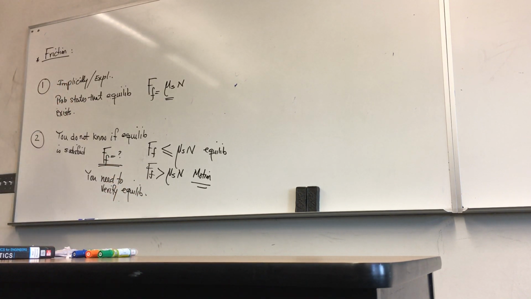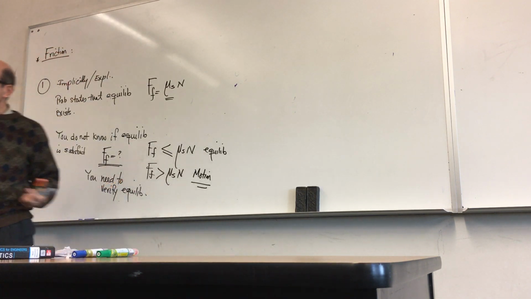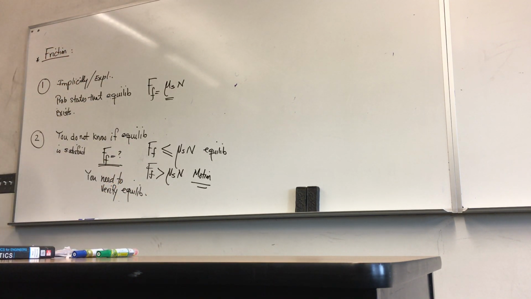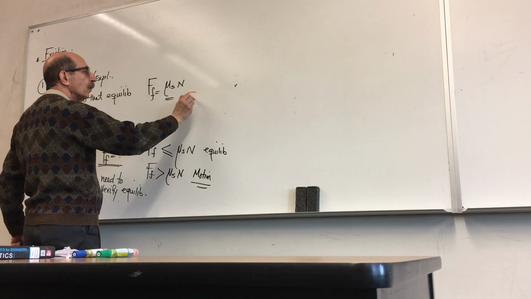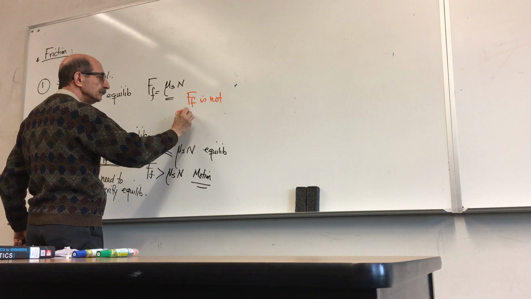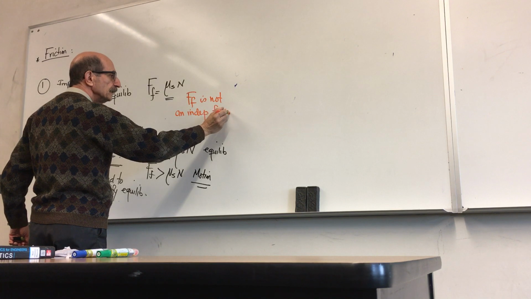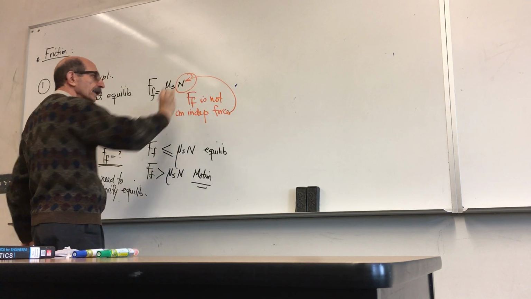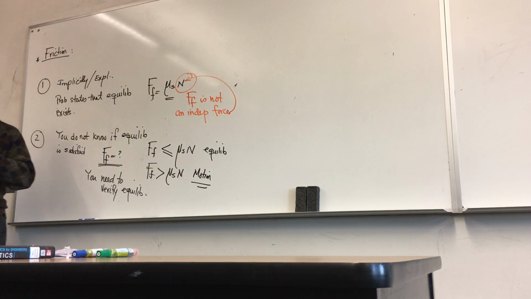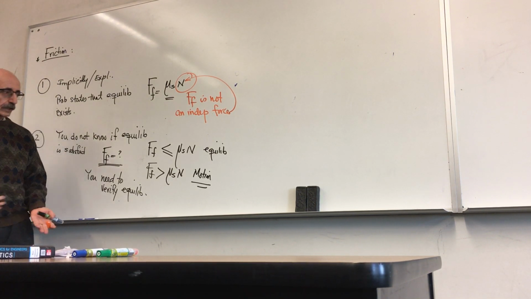So what is the main difference between the two? As far as the analysis goes, not much. You need to draw the free body diagrams and apply equations of equilibrium, except that in this case, F of f is not an independent force, because its value is a function of N. So no additional unknown force comes into the picture, right?